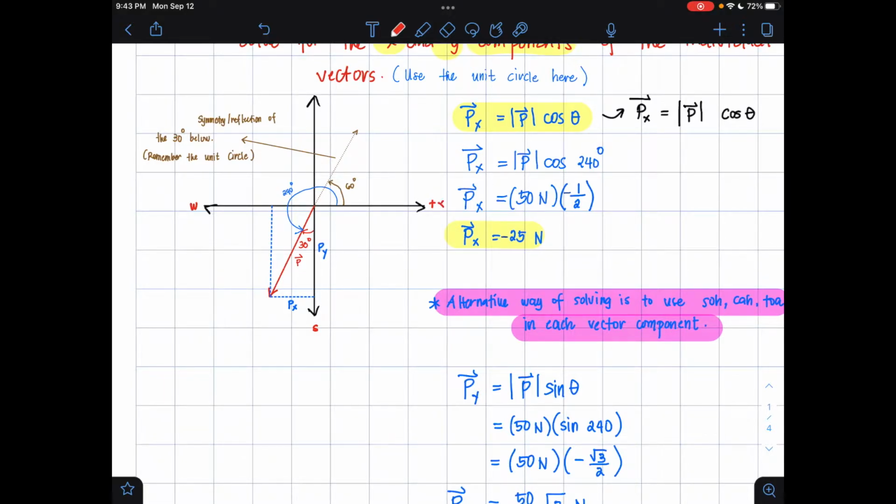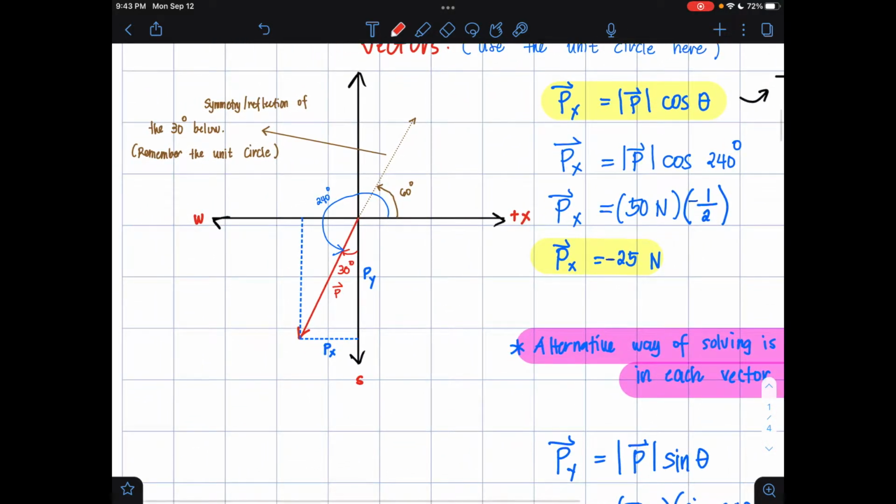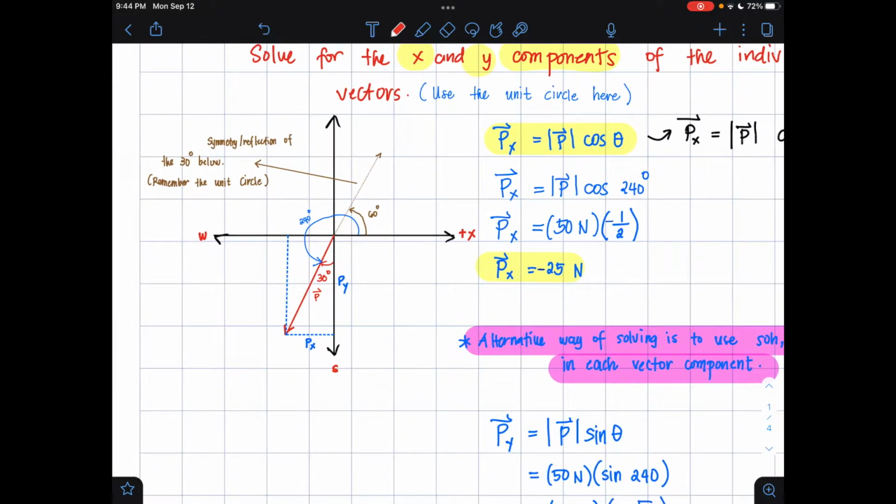This is your positive x, right? From the positive x going to this small blue angle, that is equivalent to 240 degrees. I'm hoping you see why the measurement is 240 degrees up to here. So if you use the cosine of 240, you don't have any problem with that.